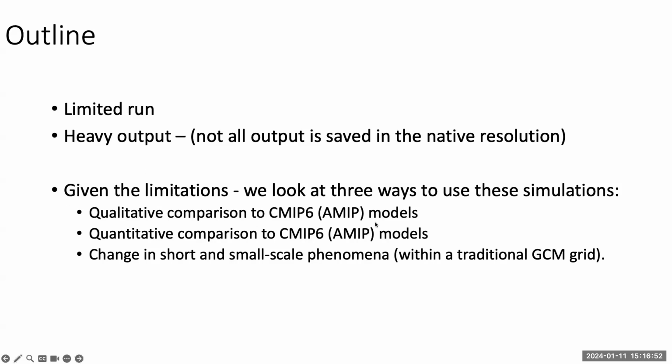One of them is a qualitative comparison to CMIP6 models. Another way is a more quantitative comparison to CMIP6 models. And the third thing is, well, we have a fine resolution model, so maybe we can look at the response to warming on the grid cell size and see if we can see something interesting and worthwhile to look at.